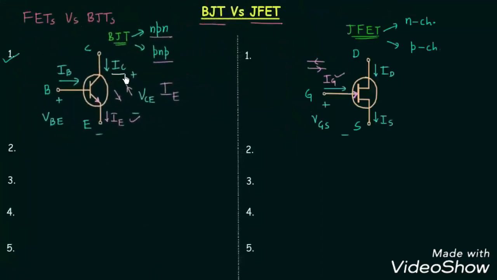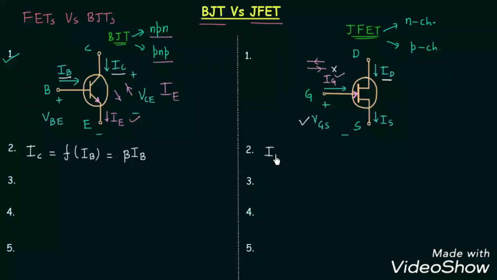The output current IC is the function of input current IB. We already know this point. The output current IC is the function of input current IB, or we can write IC is equal to beta times IB. In case of JFET, the output current ID is not the function of input current IG, but the function of input voltage VGS.